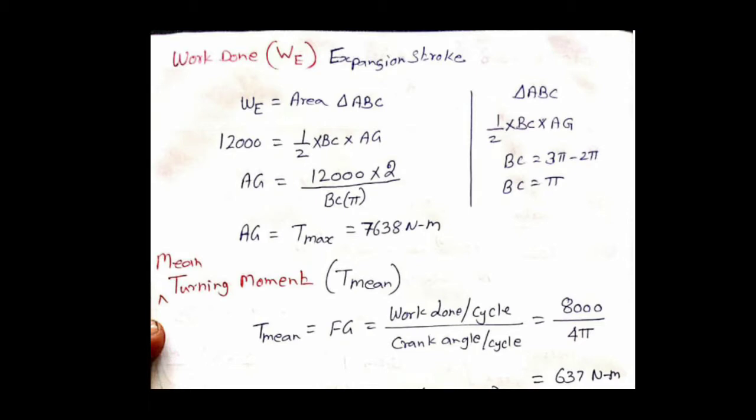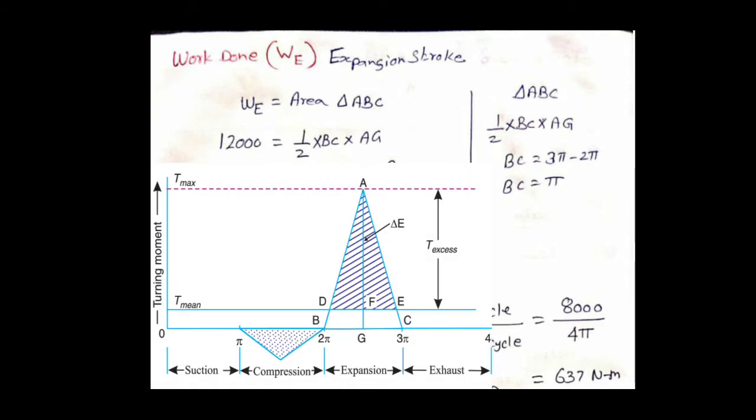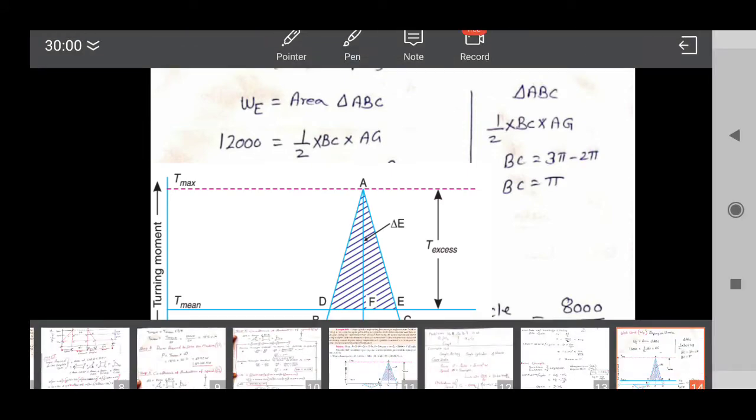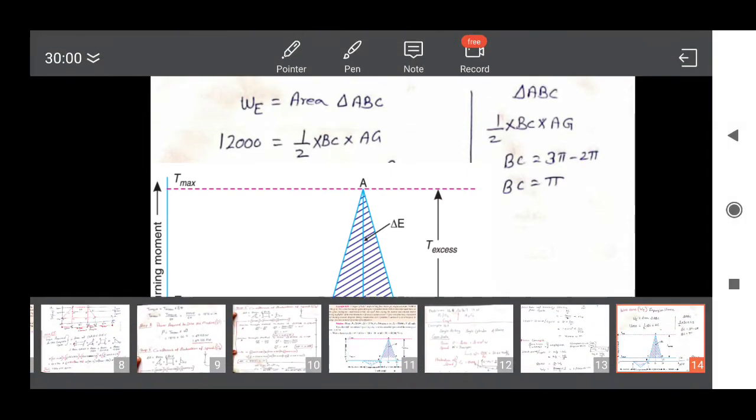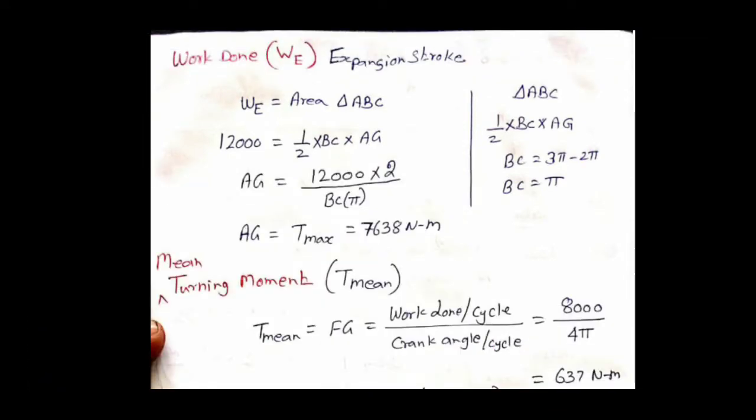Where is AG? AG is from A to G, the entire height. Another term for AG, the geometrical term, is T max, the torque at maximum.